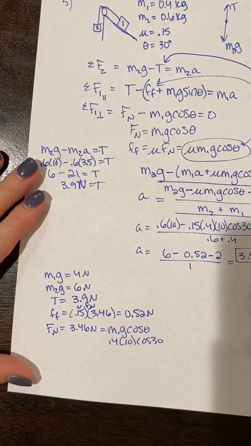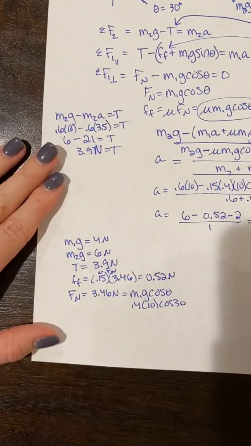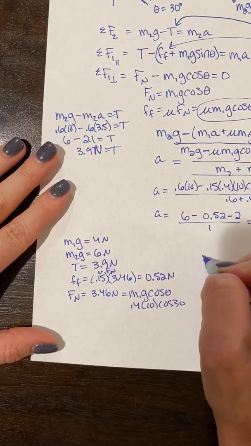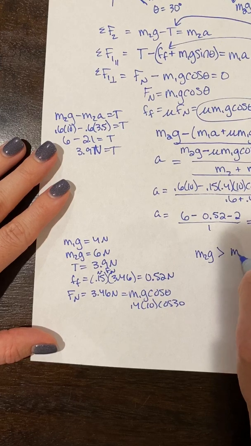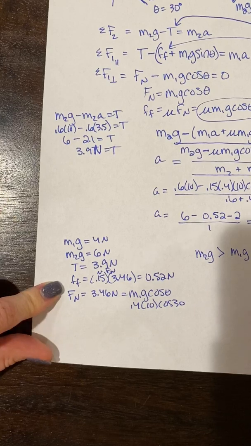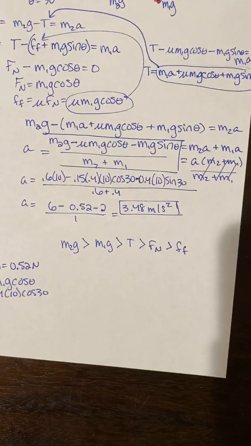Is that all of them? 1, 2, 3, 4, 5. We got our 5. All right, so the most is going to be m2g, greater than m1g, greater than tension, greater than my force normal, greater than my frictional force. There you have it.